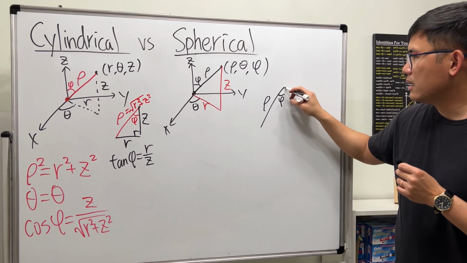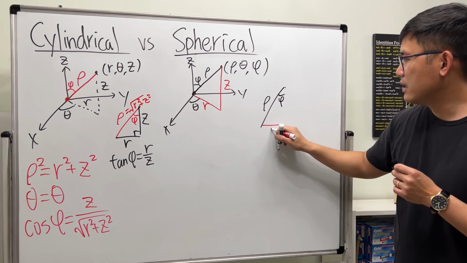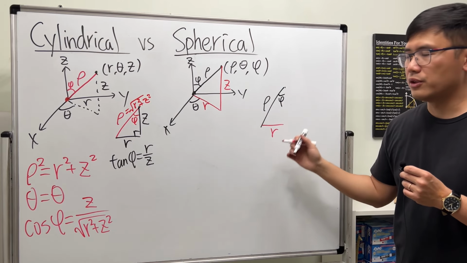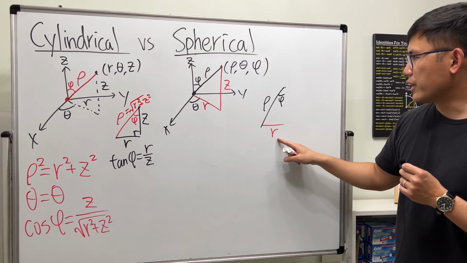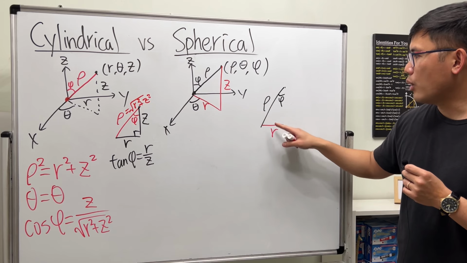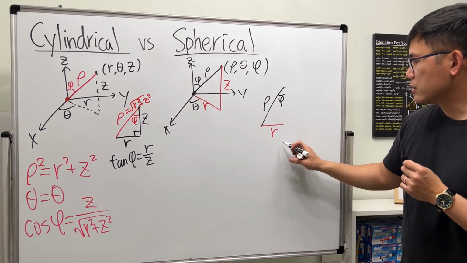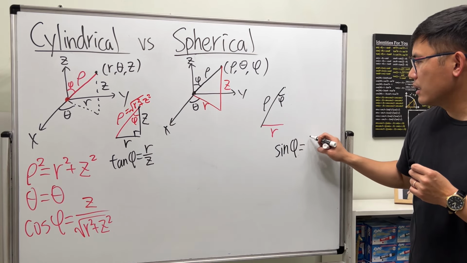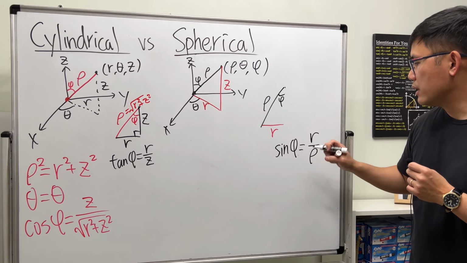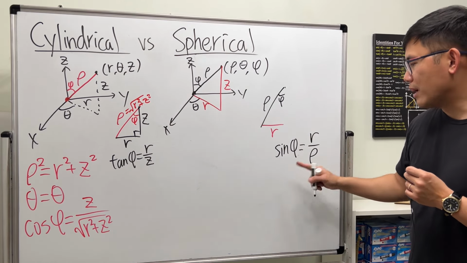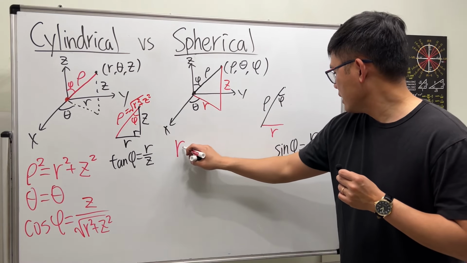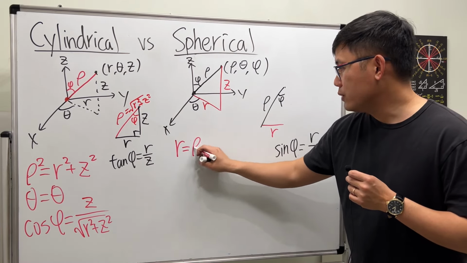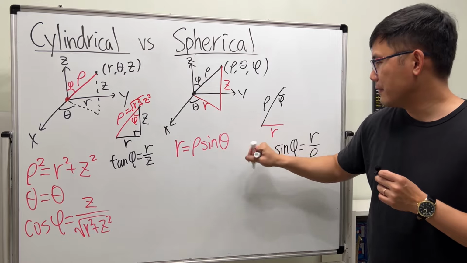And here is the r, like so. To get r, we can do opposite over hypotenuse. So sine v equals r over rho. Multiply rho on both sides, we can say r equals rho times sine v.